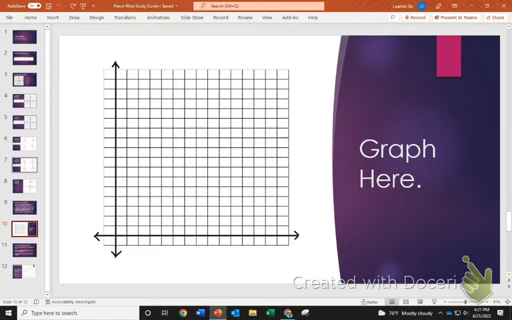To help organize my information, I'm going to create an XY chart. According to the previous one, the x-axis should be the lap number. So this would be 1, this would be 2, 3, 4, 5, 6, 7, 8, 9, and 10.